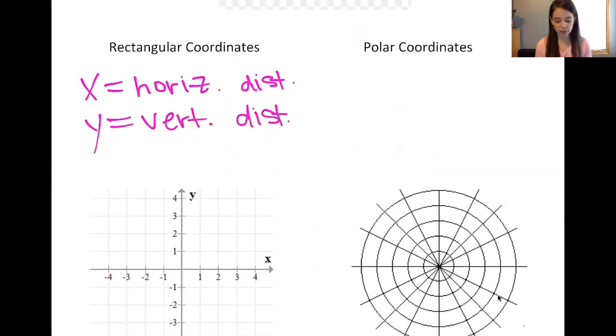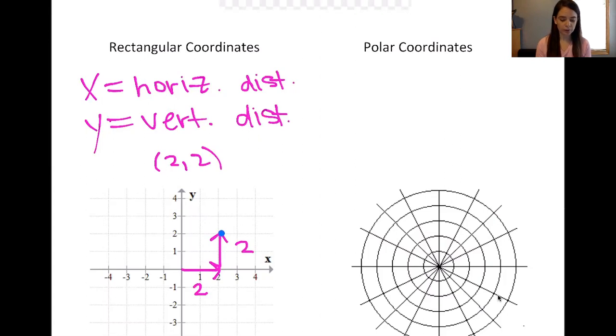So that's just shorthand for horizontal distance and vertical distance. Let's say I'm going to plot the coordinate 2, 2. I am first going to move horizontally 2, and then I would move vertically 2 so that I could plot my point at 2, 2.